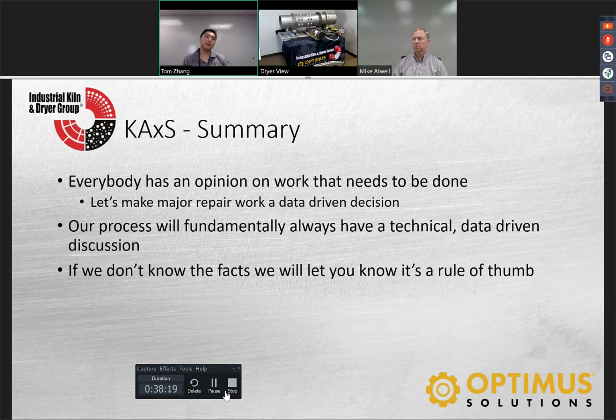Our process, again, is fundamentally always going to be technical and data-driven. There's a technical guide going through the entire process, making sure that it makes sense. We back-check each other. So if I see something that, normally it's this data set, but this time it's not, I would talk to Mike and go, hey, Mike, this doesn't make sense here.